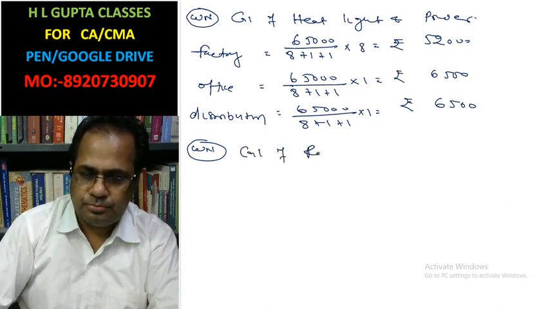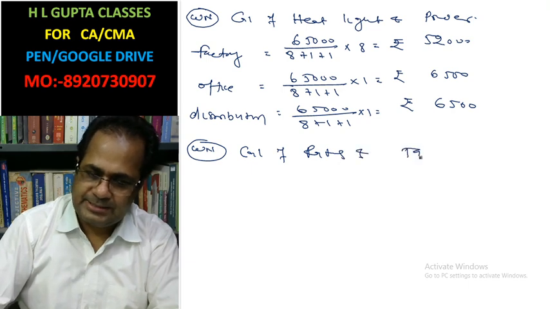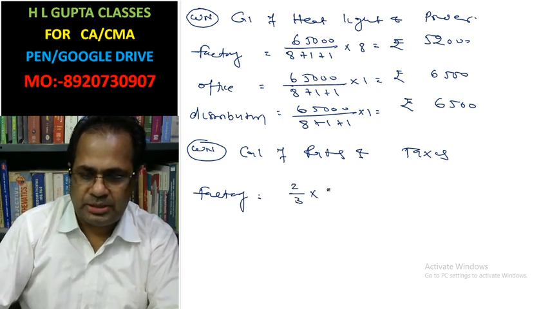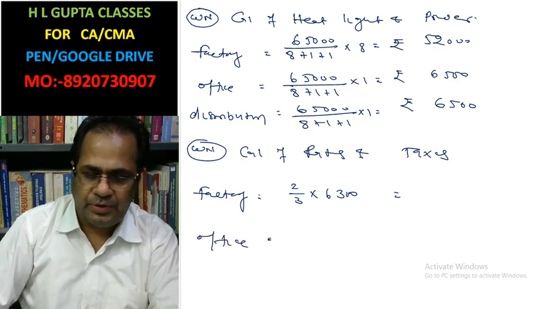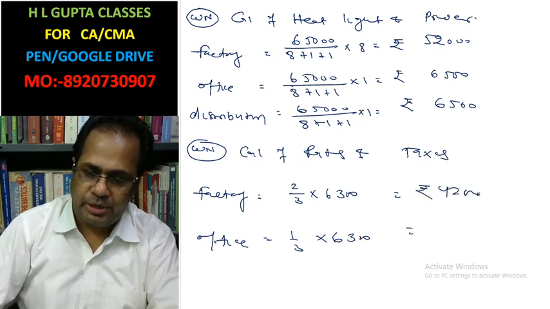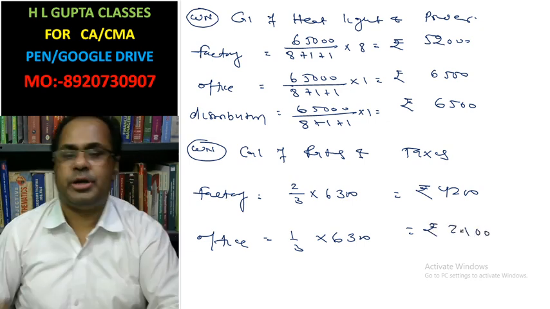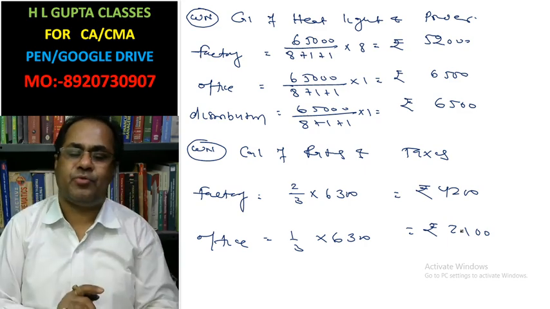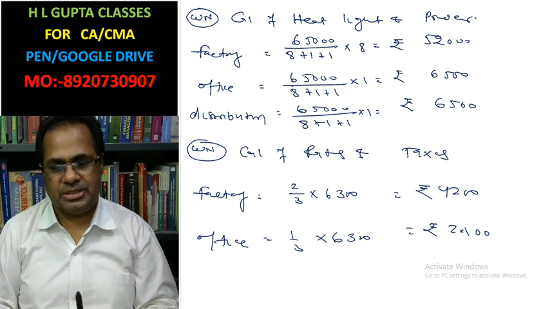Calculation of rates and taxes: factory 2/3 of 6,300, office 1/3 of 6,300, that is rupees 4,200 and rupees 2,100. These are the expenditures distributed among factory, office and distribution, that is sales.